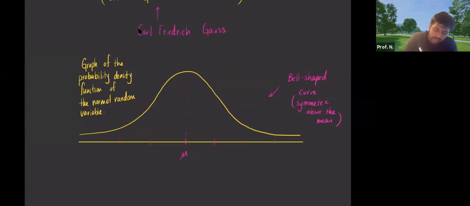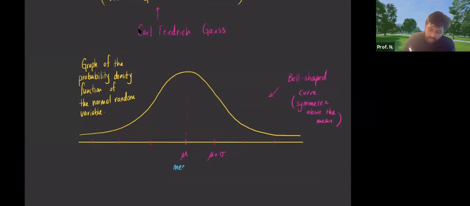So this is where standard deviation becomes very important. As you move to the right, all these tick marks here are equally spaced by what's called the standard deviation. So to go to the next tick mark, you're just adding the standard deviation to the mean.